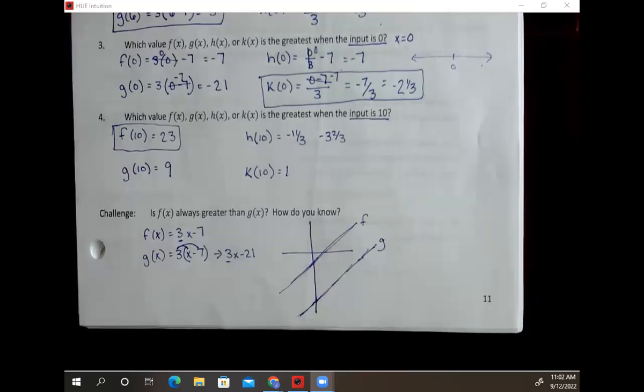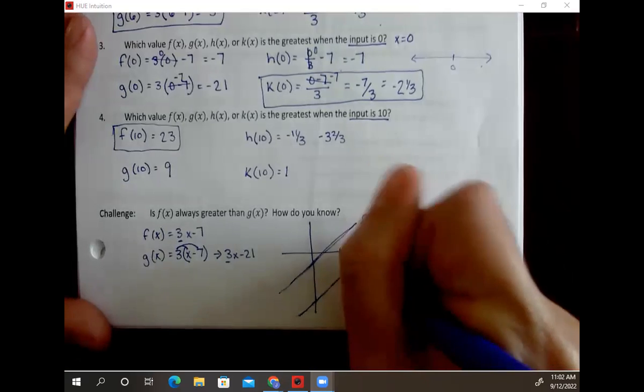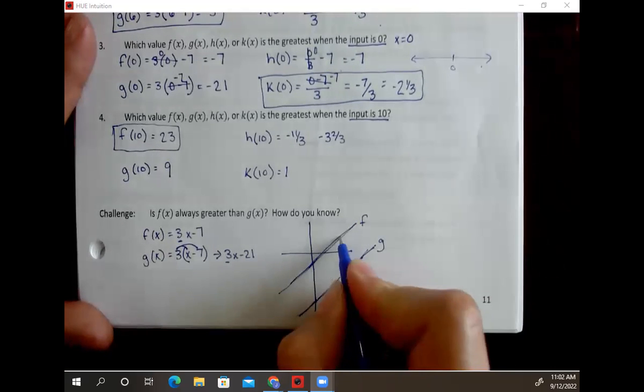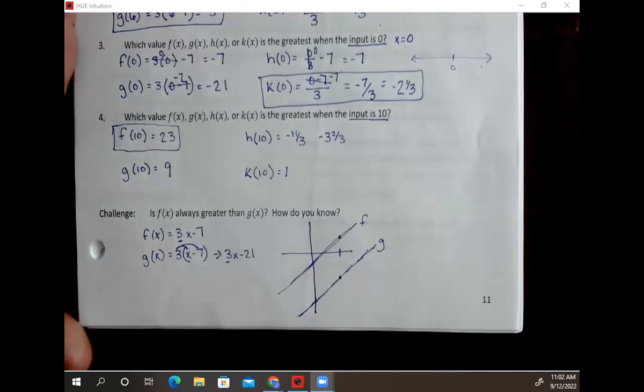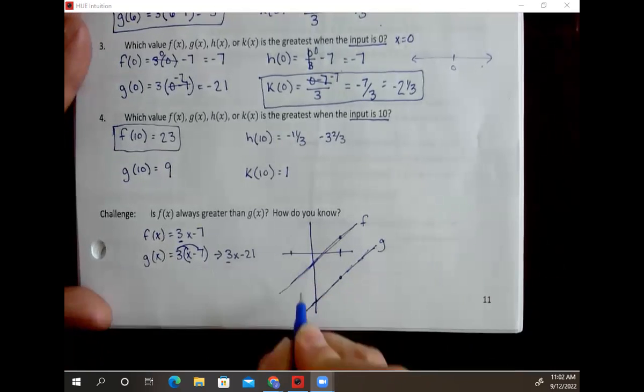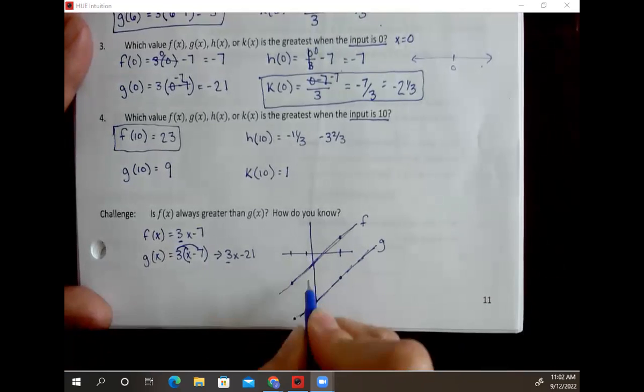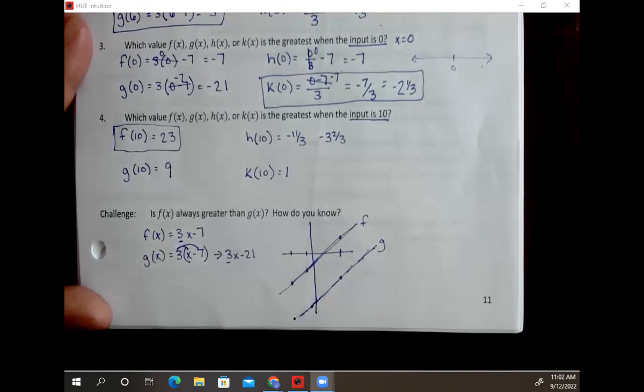Now, when I say, is f of x always greater than g of x? What I mean is if I pick an input, is that value I get on f of x always going to be bigger than the value I get on g of x? Yeah. Back here, I'm going to hit the f of x line before the g of x line. Here, I hit the f of x line before the g of x line.